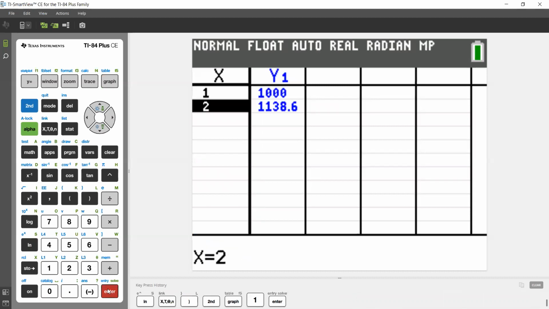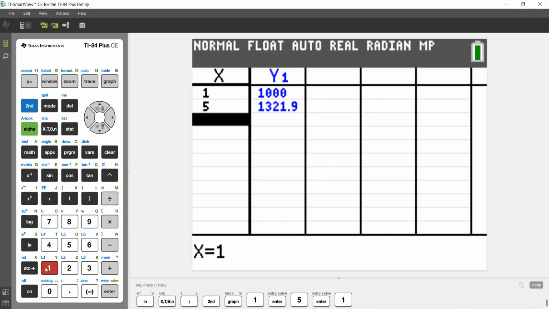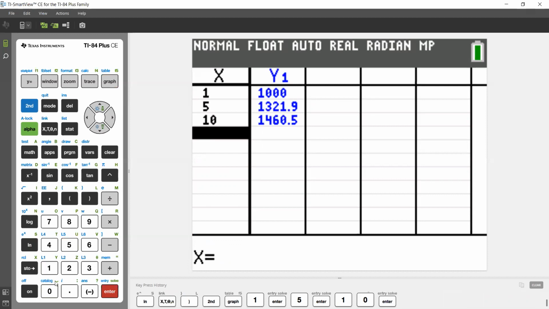It said x has to be greater than or equal to 1. I'm going to just start looking at values of x that are getting bigger and bigger.